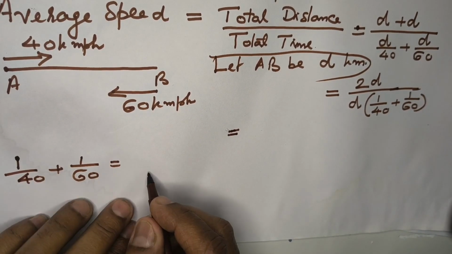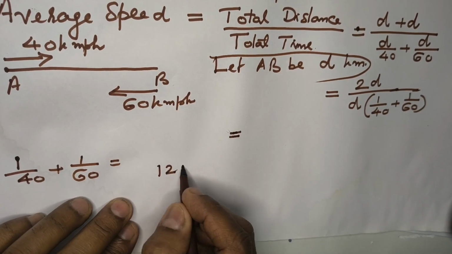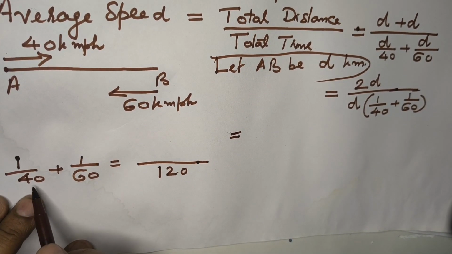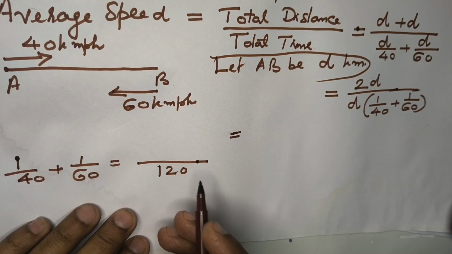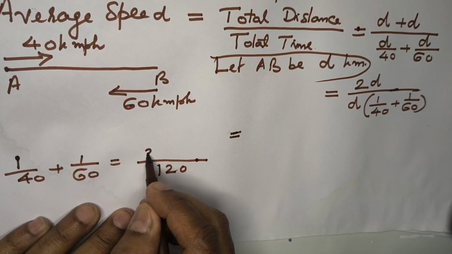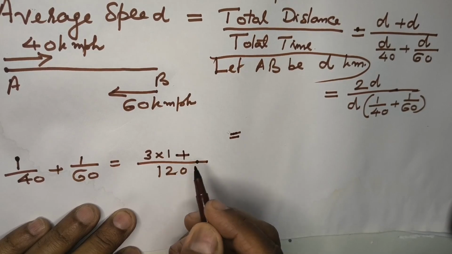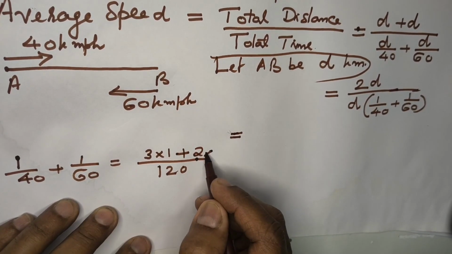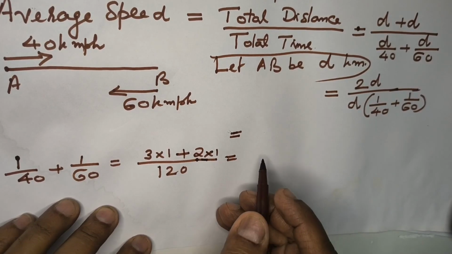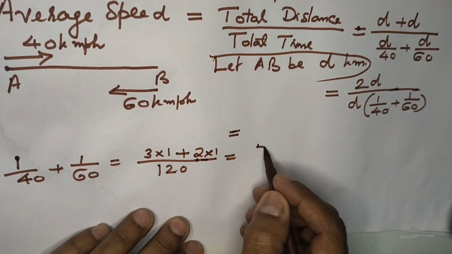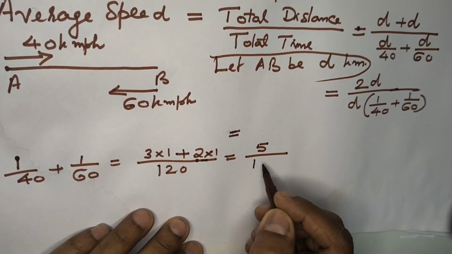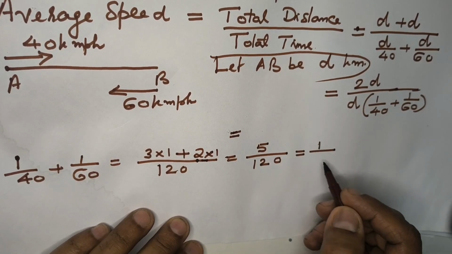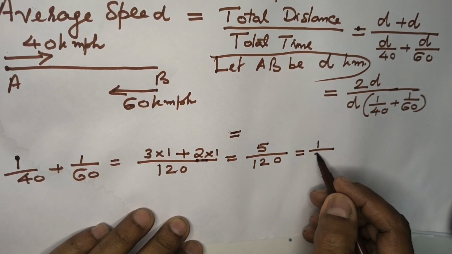As you know, the LCM is 120. Then 120 divided by 40 is 3, and that 3 into 1 you write here. Then plus divide 120 by 60, 2, and that 2 into this one. That's how you add two fractions. And this on simplification, 5 by 120. This is equal to 1 by 5 will go 24 times.